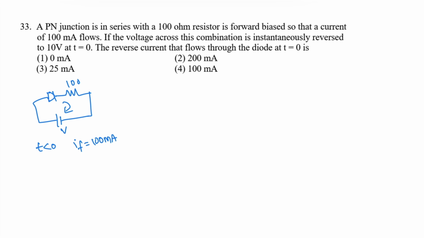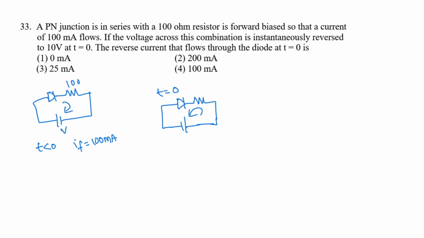Next, at t equal to 0, the voltage source is reversed. Now this is diode and resistance R. Now the circuit is in reverse bias. The current will flow like this. When the diode is instantaneously switched from forward bias to reverse bias, IF takes some time, called reverse recovery time, to enter into the reverse bias.